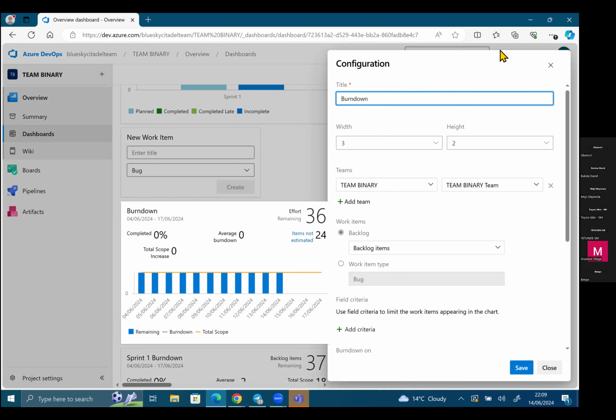So put sprint 1 effort burn down there. Make your E capital.